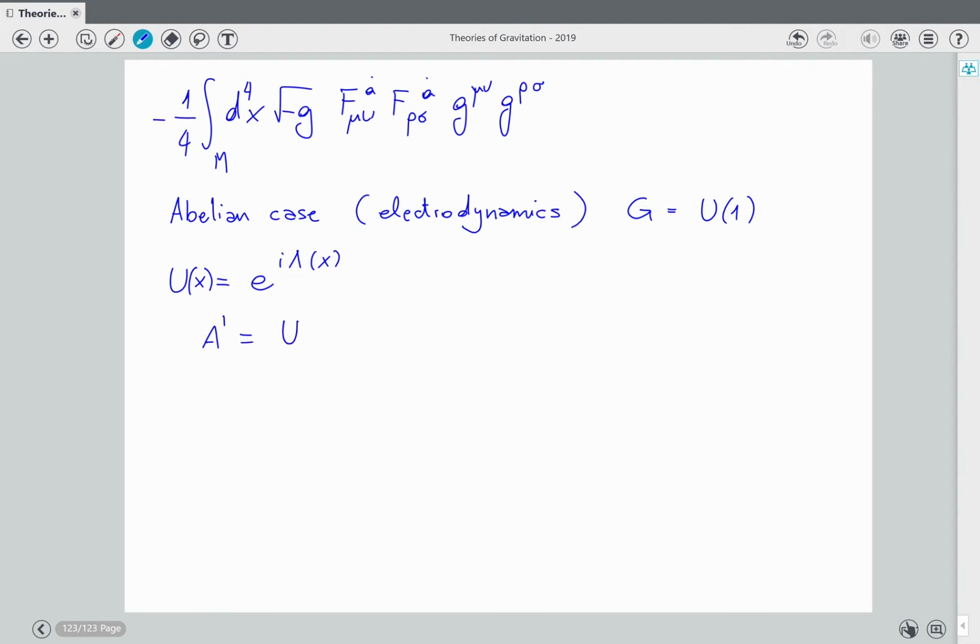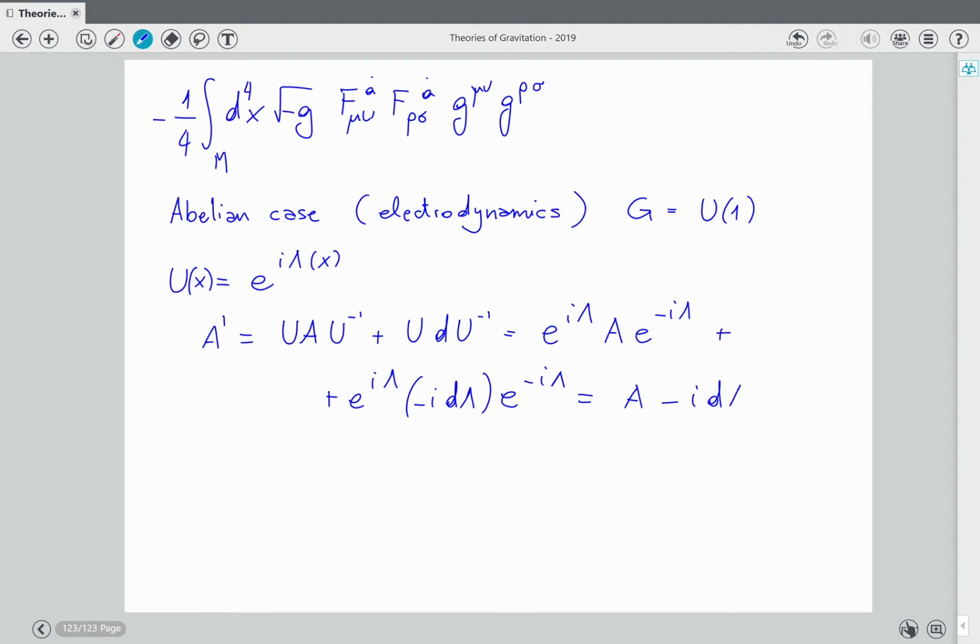A prime equal to U A U minus 1 plus U d U minus 1 will be e to the I lambda A e to the minus I lambda plus e to the I lambda d e to the minus I lambda. And so this is A minus I d lambda.